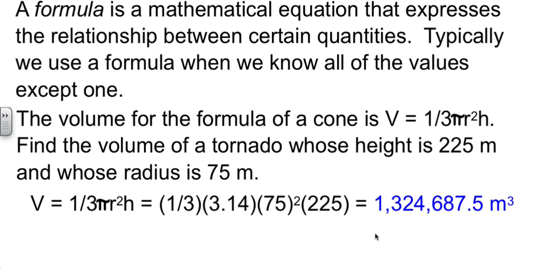And my trusty calculator gives me an answer of 1,324,687.5 cubic meters. Again, you might have a slightly different number at the end if you use the whole pi button, but you'll be in the same ballpark. I'll have a little wiggle room in the answer key.